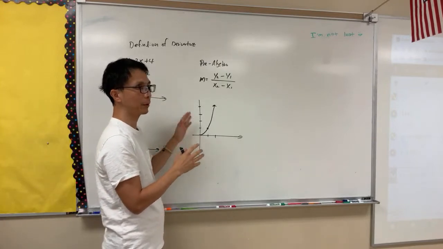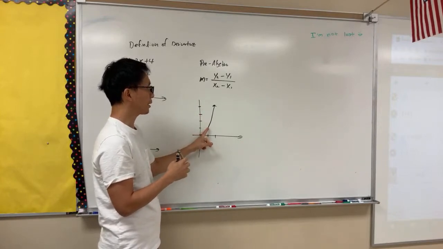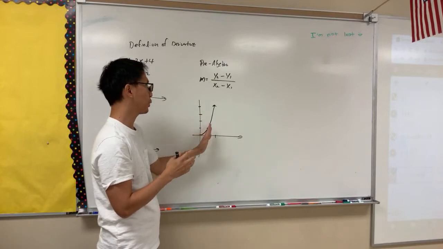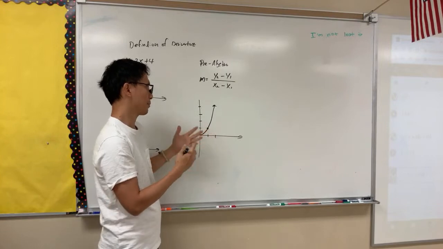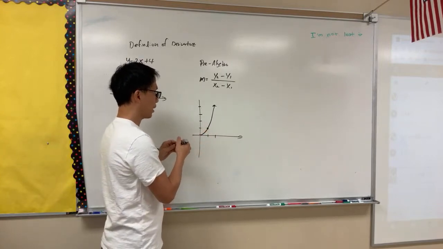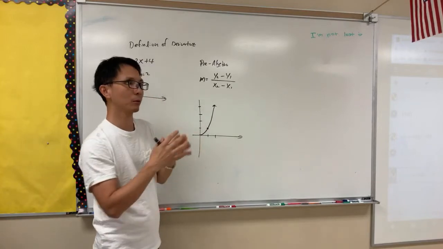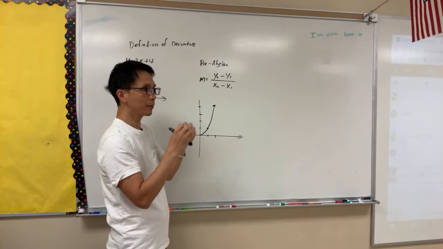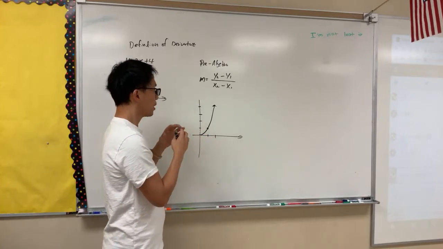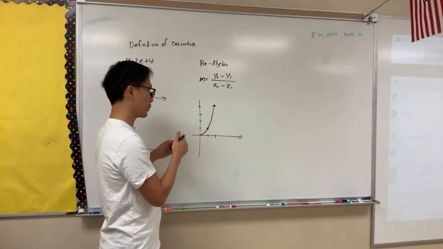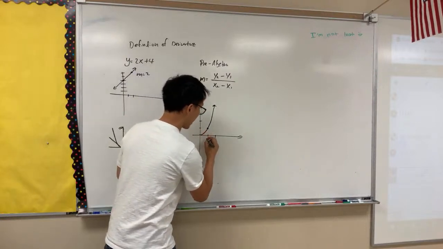Arbitrary is just like a random point on this graph, on the curve. Here we're going to say it's (1, 1), but what if we don't know that's (1, 1)? We can name this point not in terms of (1, 1), but in terms of something that's unknown. For example, I'm going to pick this point here. So don't think about this as (1, 1). Just think about this as f of x.